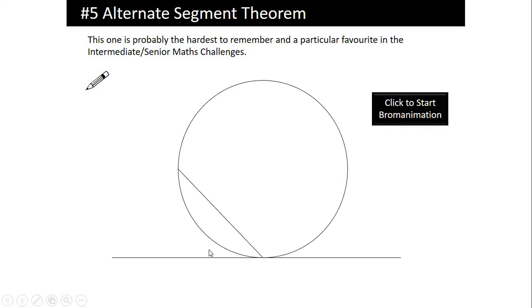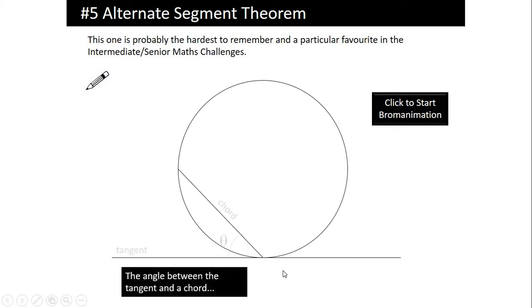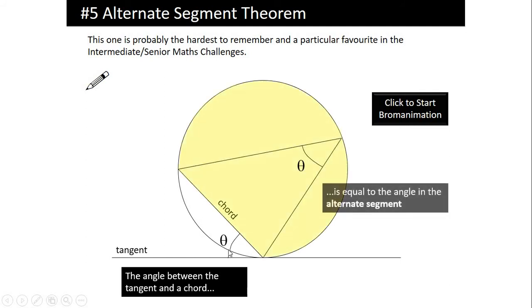So here we've got the circle. Here we've got the tangent, which meets the circle at one point of contact, and we have a chord coming from it. So the angle between the tangent and chord we've just labelled as the Greek letter theta.